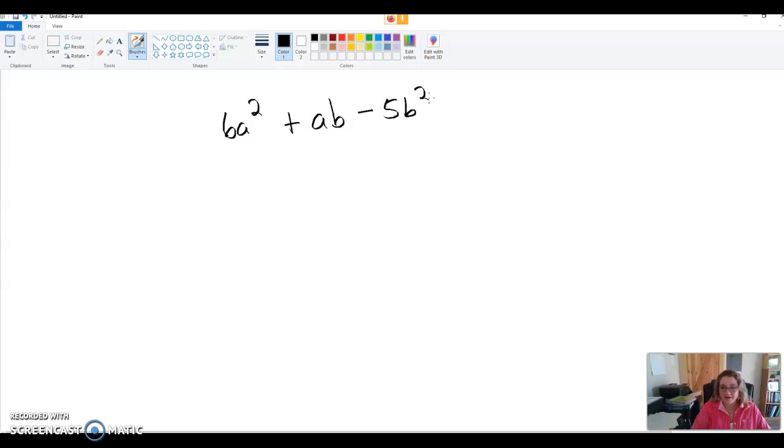So now we need to figure out exactly what we have to do in order to figure this one out. So we have an a squared, and we have a b squared. And we have our invisible 1 in front of this ab. So just like we did in the other, we're going to multiply together our 6 and our negative 5, because notice we have a negative in front of that 5.